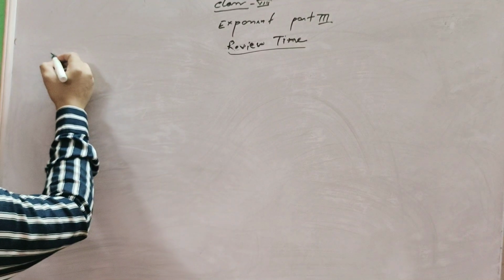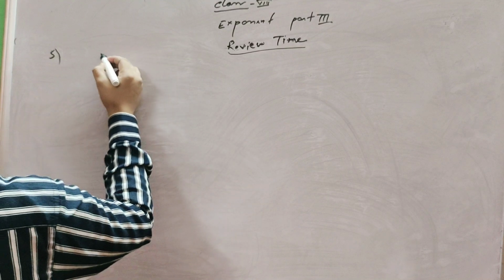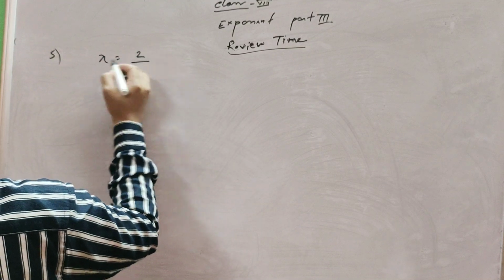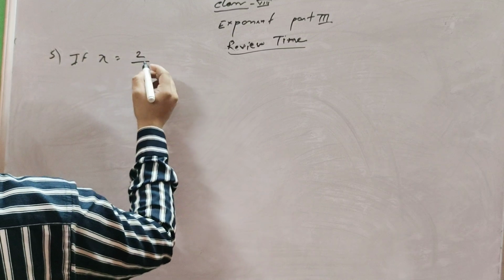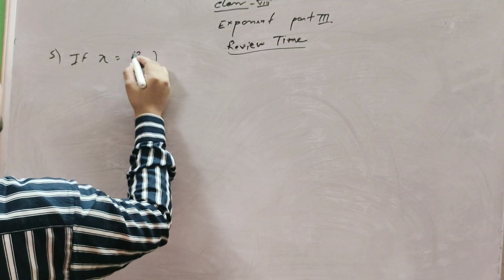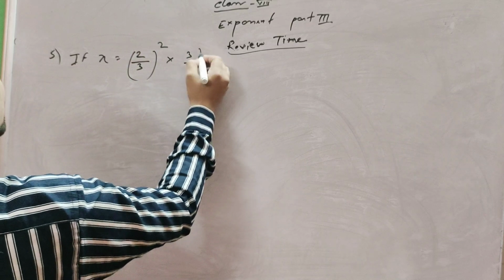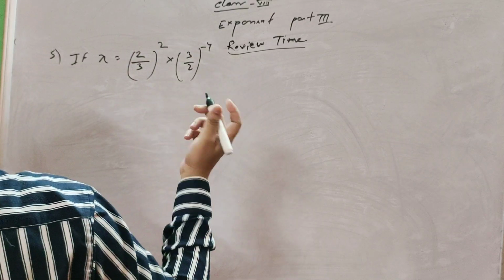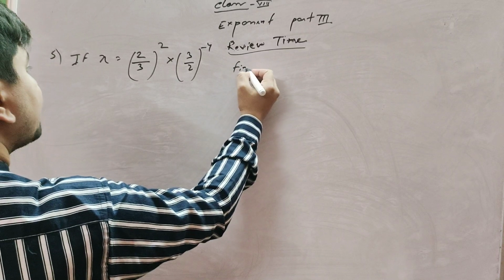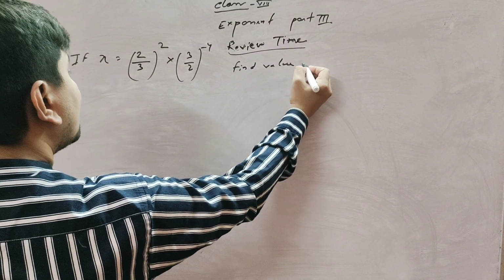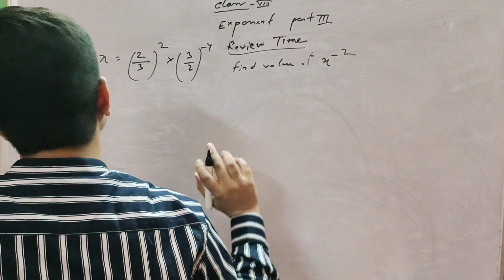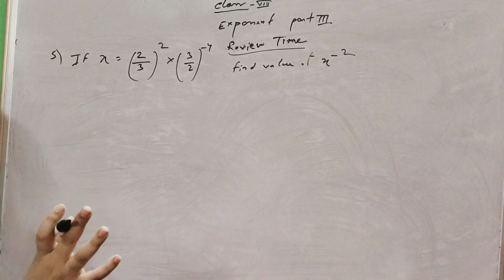Okay, it's time for question number 5. Given if x equals to 2 upon 3 to the power whole square into 3 upon 2 to the power minus 4, find the value of x to the power minus 2. Okay, clear?